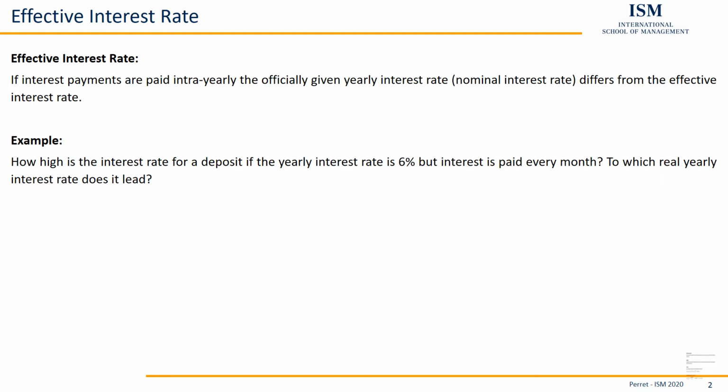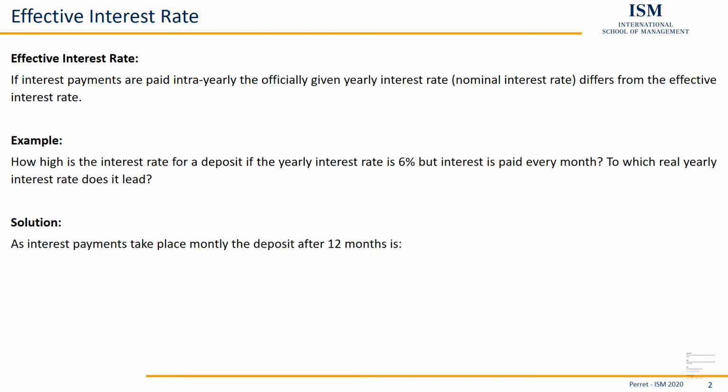So here, basically, we just assume we have monthly payments and the yearly interest rate is 6%. So the question then could be, what would be the actual effective interest rate, or the real yearly interest rate, underlying this saving or this investment scheme?